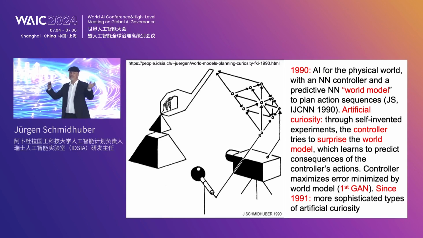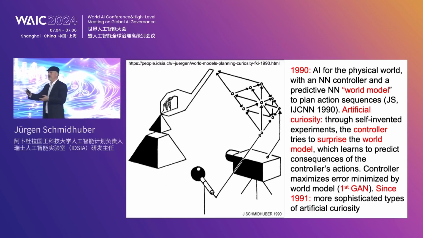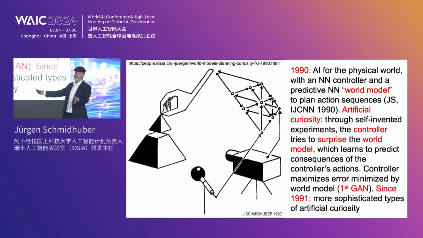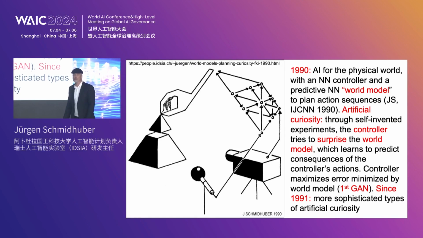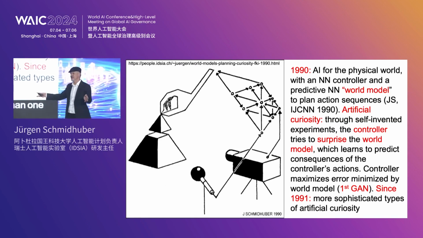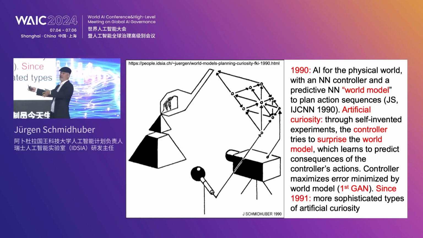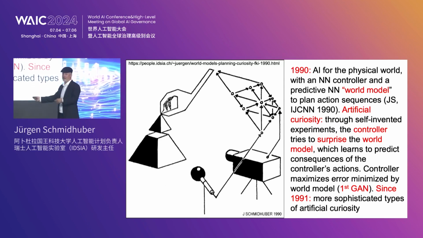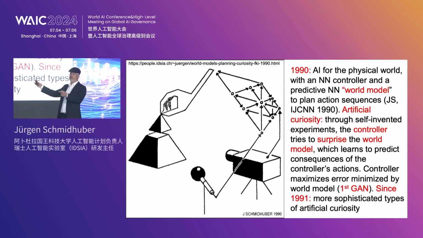How can I incentivize the controller to generate action sequences that lead to data that improves the model of the world? And back then, the simple idea was, okay, the error of the world model is the reward of the controller. So the controller is maximizing the same thing that the world model is minimizing.